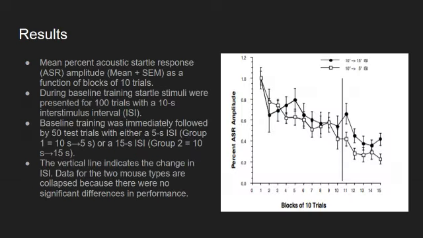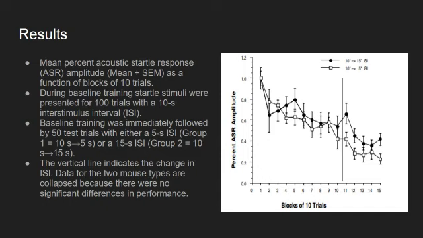For the results we obtained from the experiment, as we see in this graph, this is a graph of the mean percent acoustic startle response amplitude as a function of blocks of 10 trials, for the groups of mice. The white square shows group 1 mice, the 10:5 interstimulus interval group, and the black circle shows group 2 mice, the 10:15 ISI group.